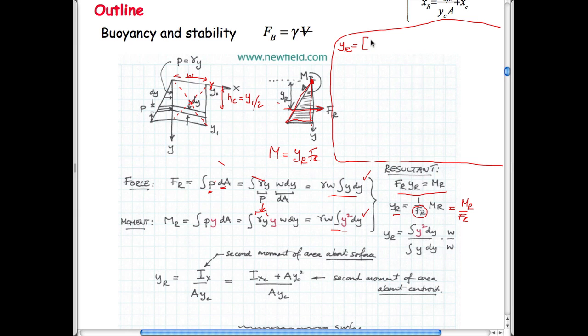It's going to be equal to a third y cubed between y0 and y1, right? And I suppose we could also multiply that by w. And we're going to divide that, well, we've already done this one, right? This is going to be a half y squared integrated between the same limits times w.